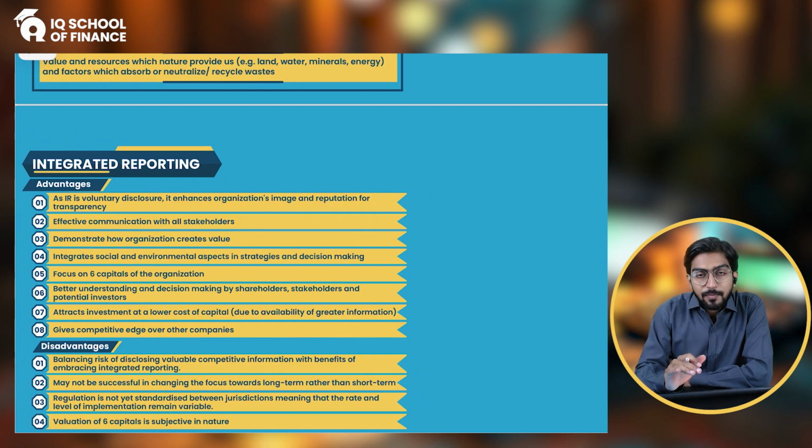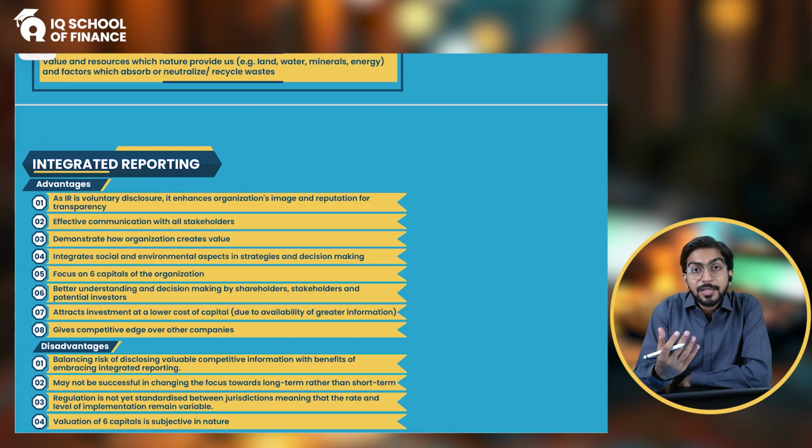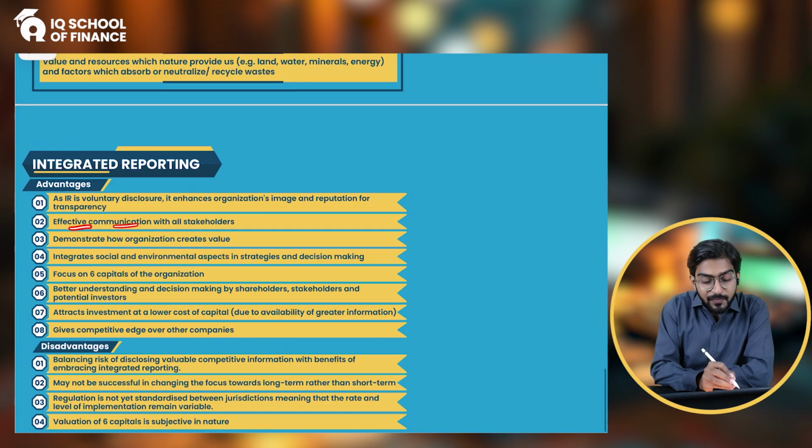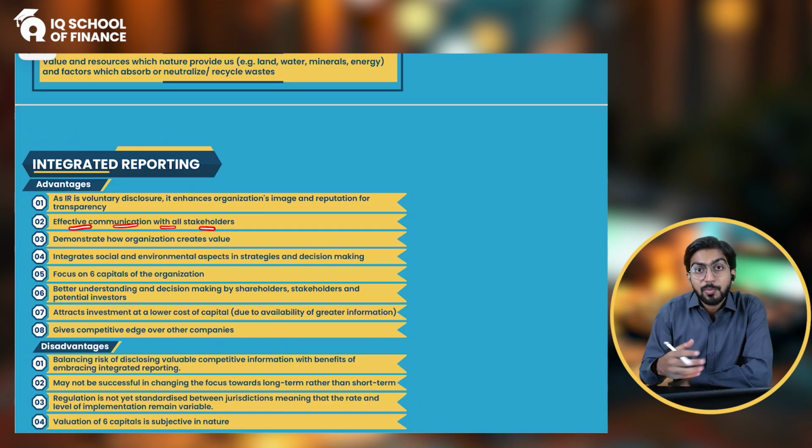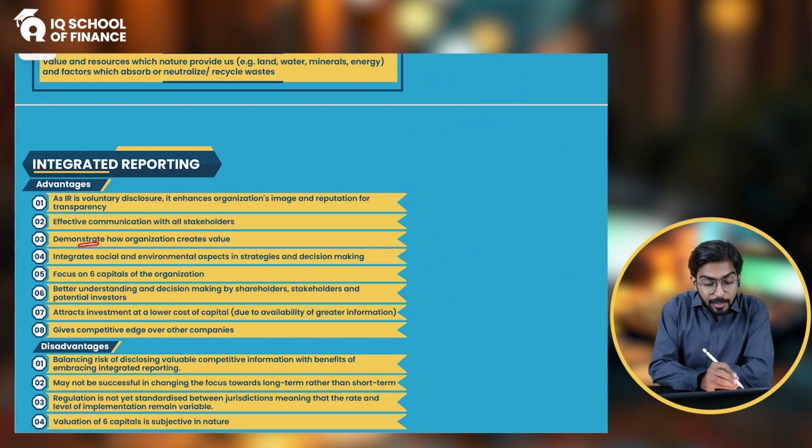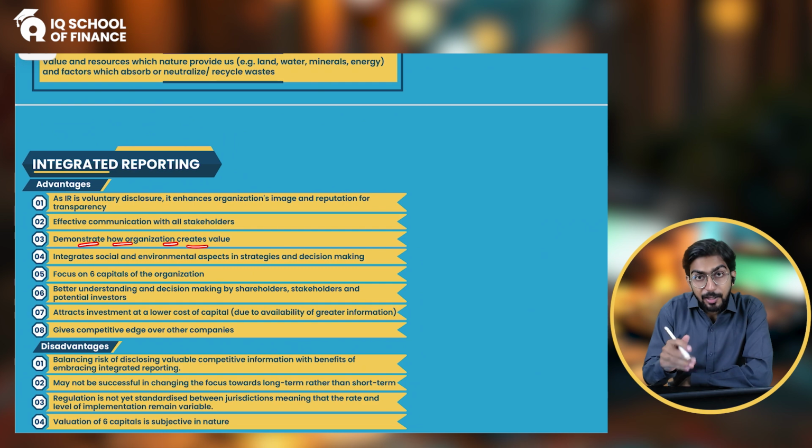It's not mandatory, but if you are providing this enhanced disclosure or information to the stakeholders, obviously their trust and their relationship with you will be enhanced. It will get strengthened because you are giving them the information which they need, which can be useful for them. Effective communication with all stakeholders, because you are providing them effective or useful information. Demonstrate how the organization can create value in future.